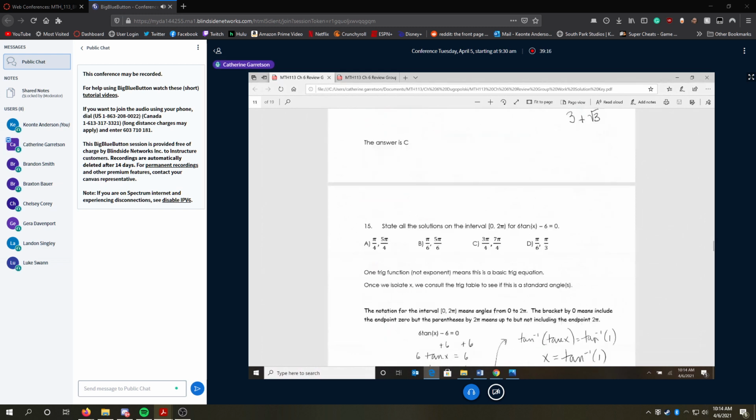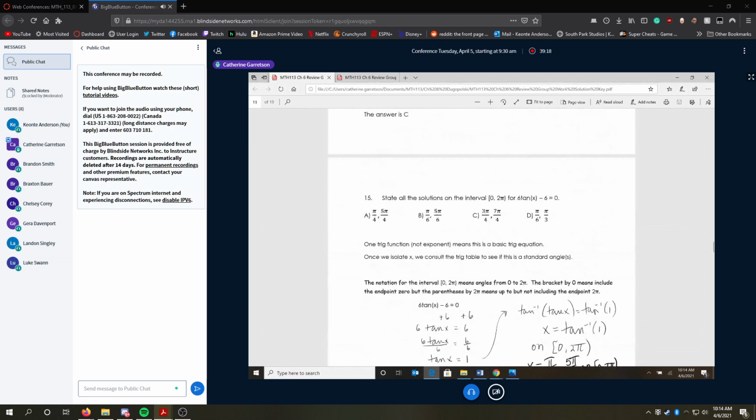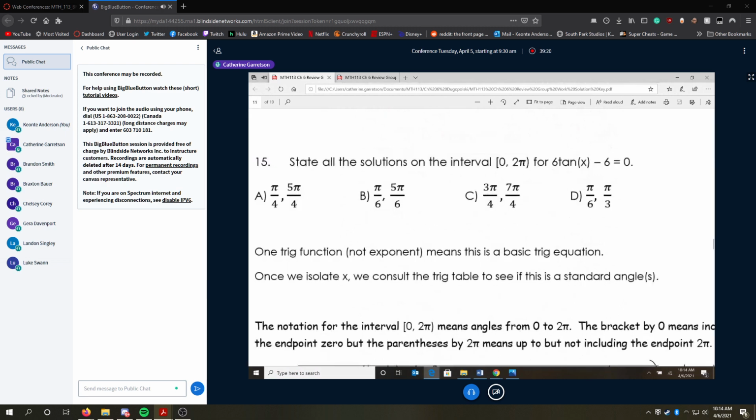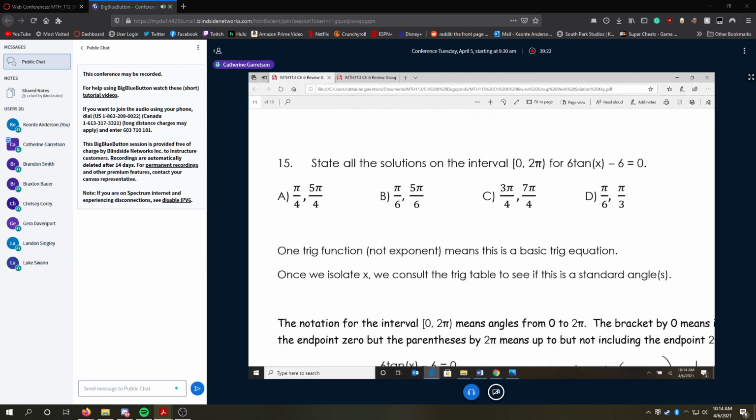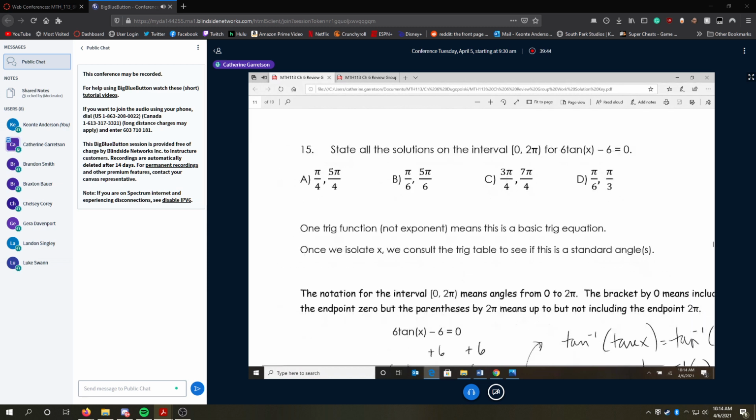All right, now state all the solutions to this tangent equation on all 4 quadrants. That's the interval there. So I want to isolate my tangent. It's just a basic tangent. There's no exponent on the trig function. So I'm going to add the 6 and then divide by 6, which will end up being tangent of x equals 1.